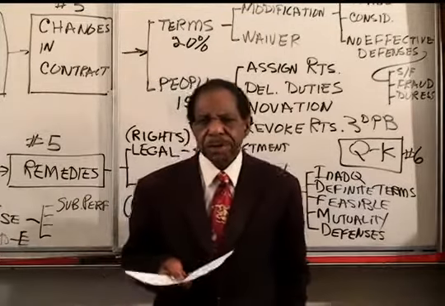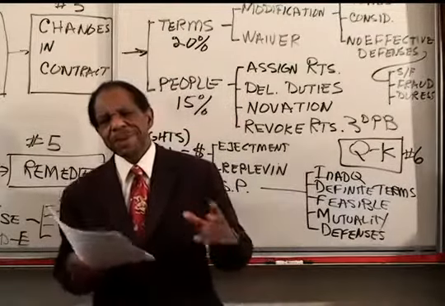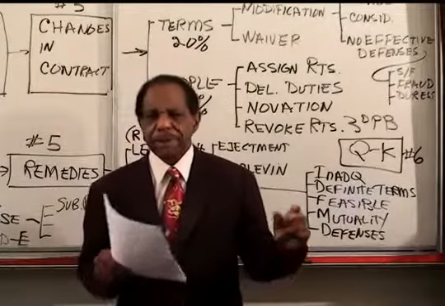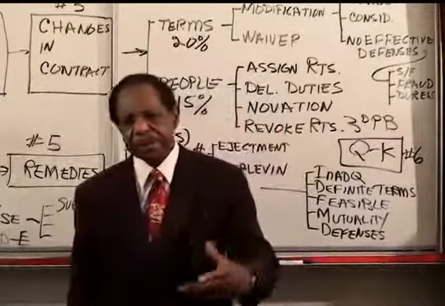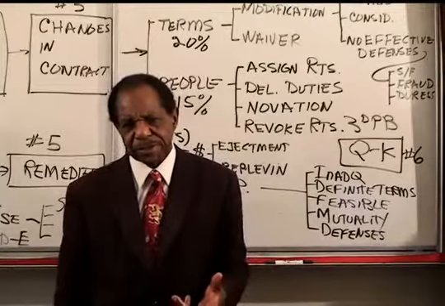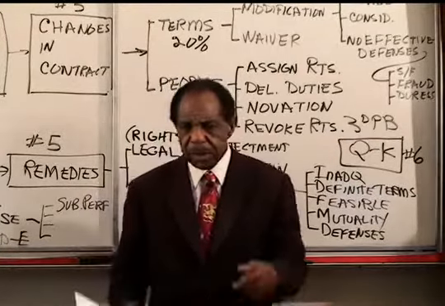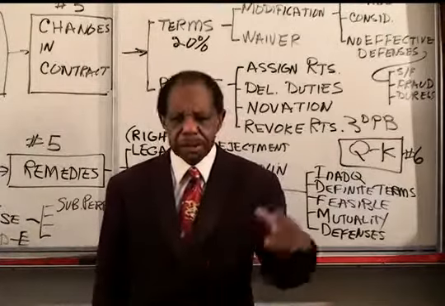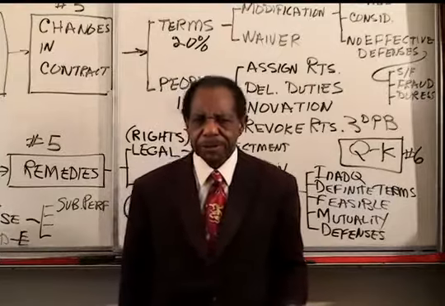Well, 2-201, if you read it carefully, says even if you make a mistake in the writing, you typed something that wasn't quite what you meant, that writing can still satisfy the statute of frauds even though it contains a mistake. This writing contains a mistake, 91 instead of 90. It can still satisfy the statute of frauds. Okay?